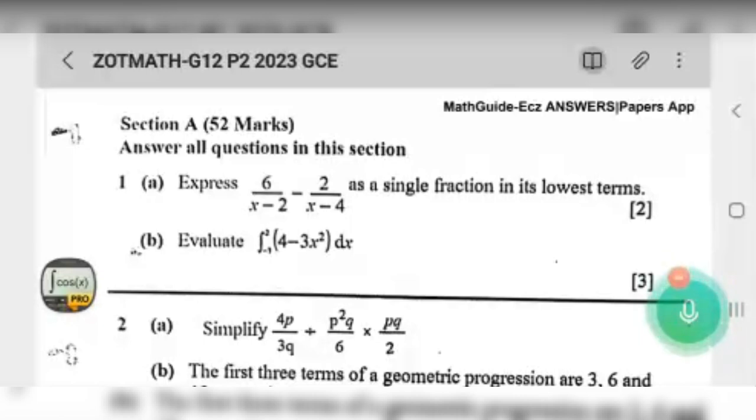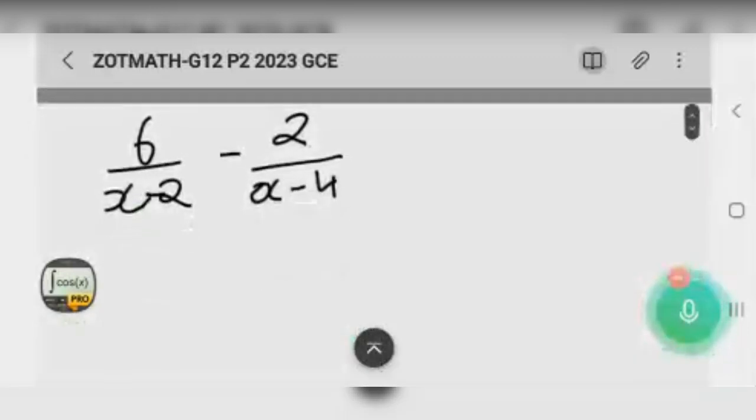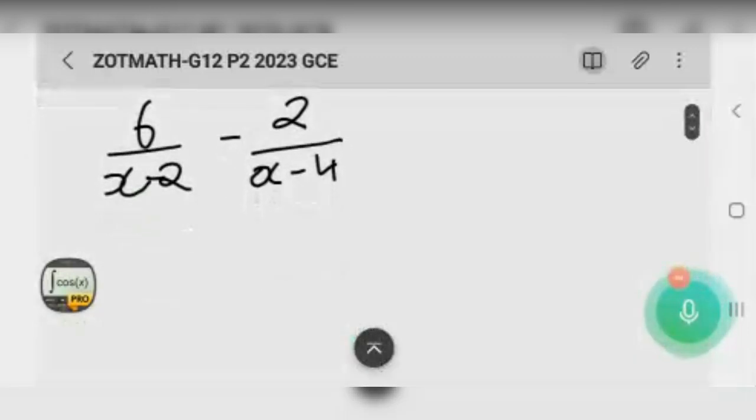All right. So this question, normally people think it's something new, but I always tell people this is not new. This is actually grade 7 and below work, okay?